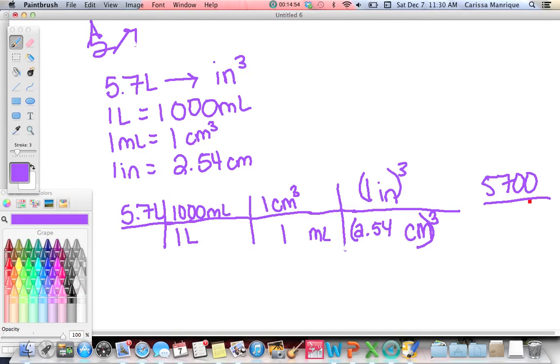So 2.54 raised to the 3 is, we'll say, 16.4. Now we're going to divide these numbers. So 5,700 divided by 16.4.